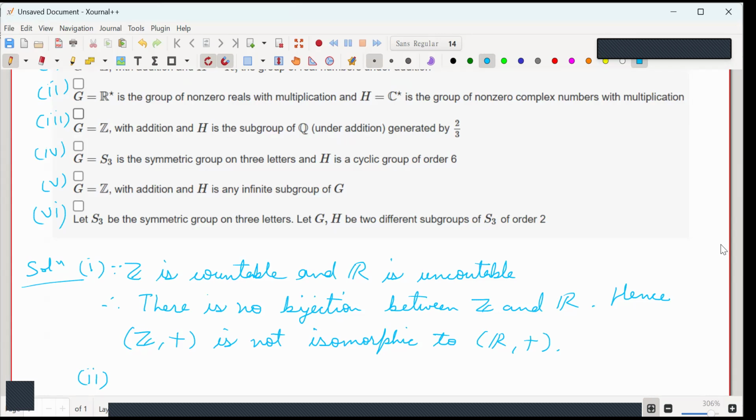Means, are they isomorphic? But I couldn't find any homomorphism from it, or even some explicit function which was a bijection. But that won't suffice, right?